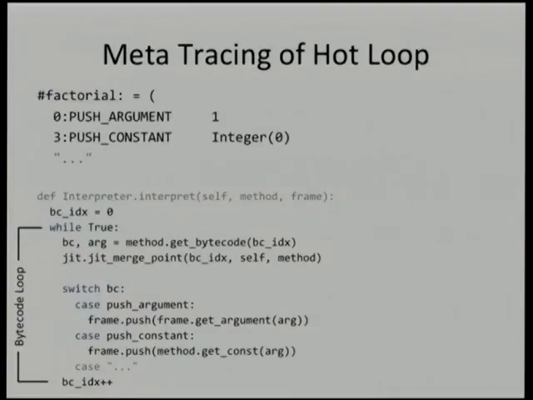So what does the tracing then actually mean? Well, let's look at our factorial example again. So what happened now is we start executing that method, and we take basically the first bytecode. So what that means, if we are now in the tracing mode, we actually ignore things like jumps and branches and so on, and instead really just record the important actions and certain assumptions.